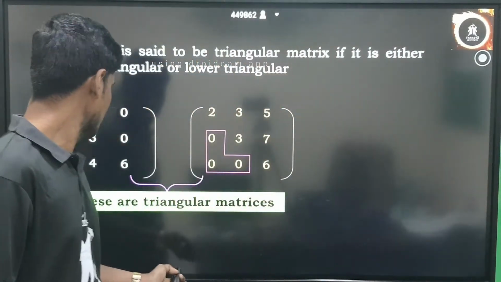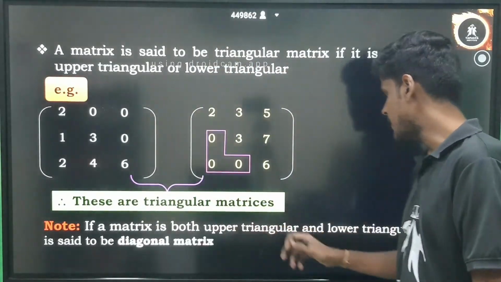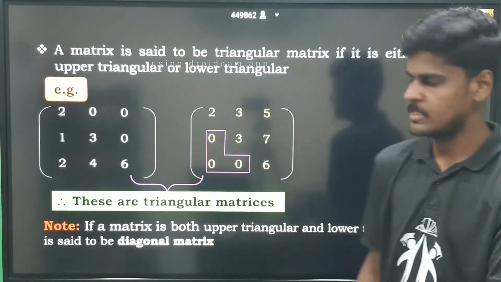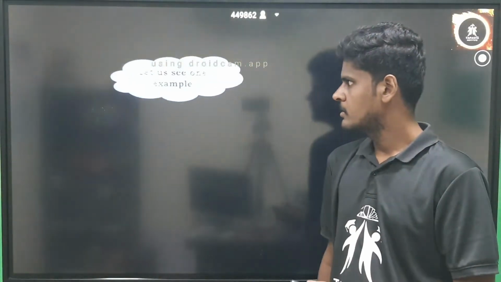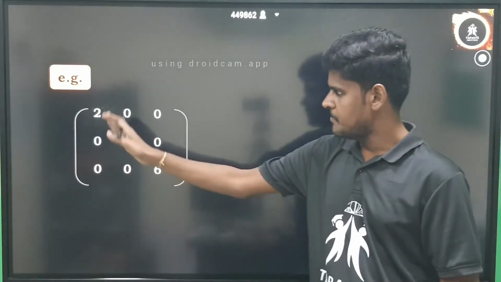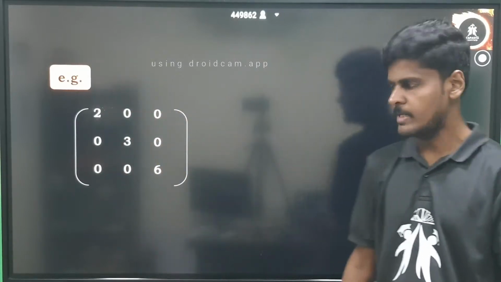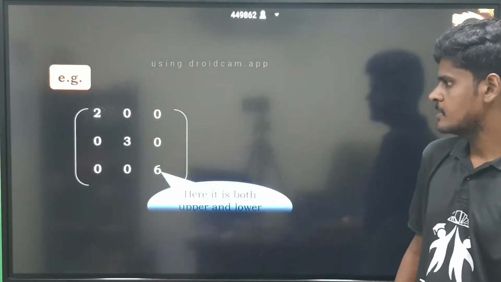Yes or no? These are all triangular matrices. If a matrix is both upper as well as lower triangular, this matrix will be a diagonal matrix. This is an example of a diagonal matrix. It is both an upper as well as lower triangular matrix. Or we can also just call this a triangular matrix.